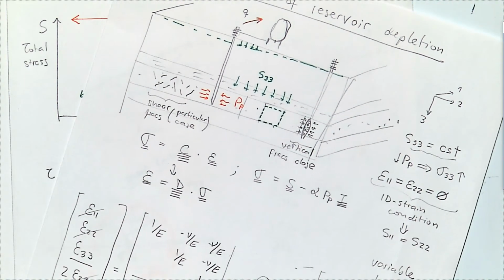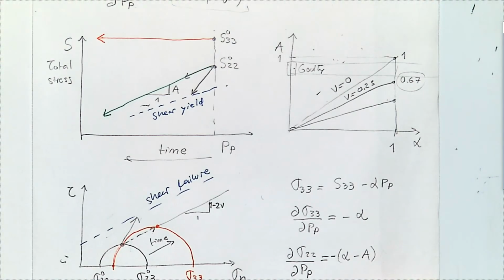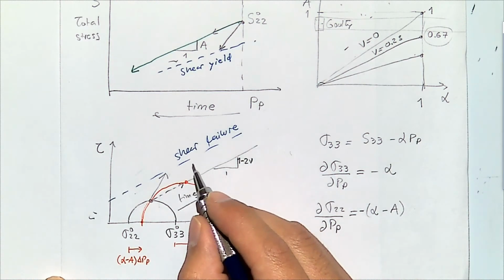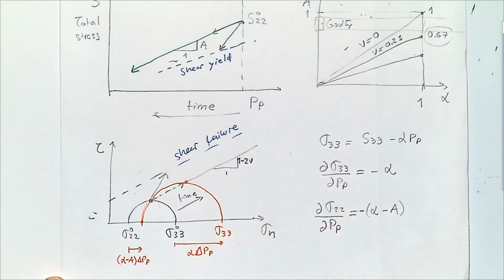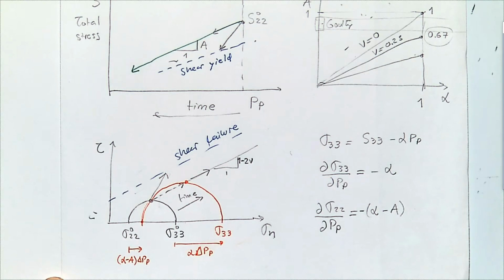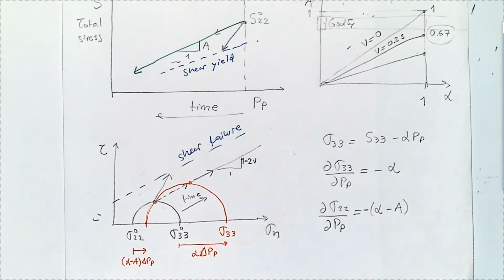Okay, so let's come back over here, and let's say that now we don't go through the shear failure line, but we go through this line. Do you think we're going to be able to decrease pressure with no consequences at all?